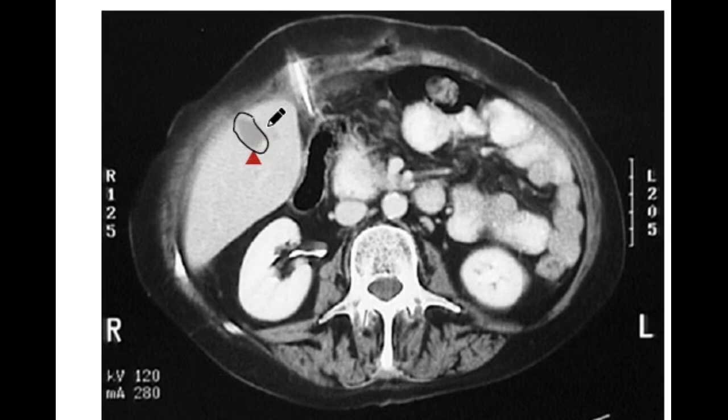This is seen in the left lobe of the liver, with rounded margins and decreased central attenuation when compared to the surrounding hepatic parenchyma. This is also a picture of hemangioma on CT scan.